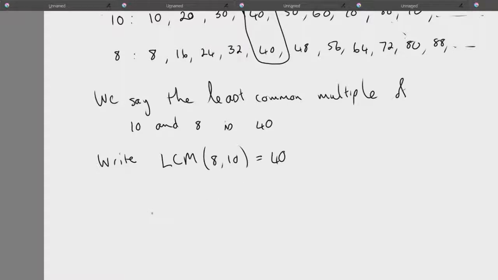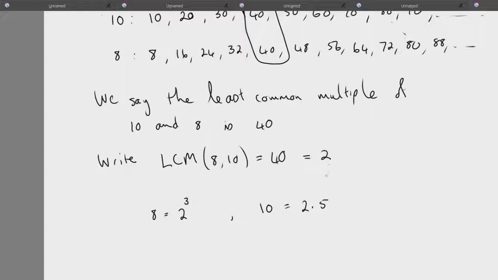So let's see. Well, 8 and 10 are pretty easy numbers to work with. 8 is 2 cubed. 10 is 2 times 5. How can I build this 40? Well, now remember, both of these have to fit into 40.